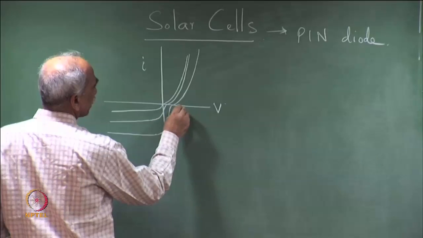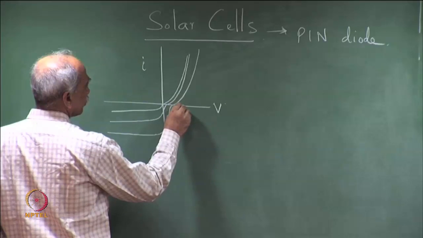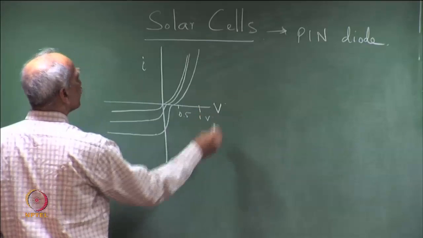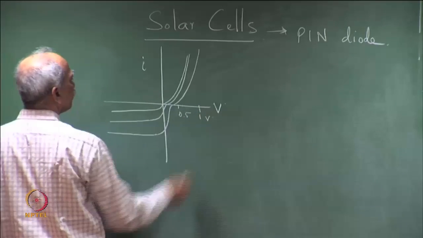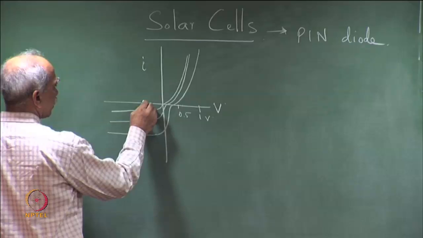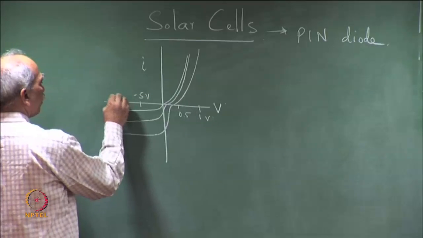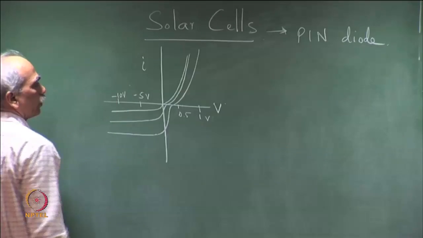For example, here the numbers are 0.5, 1.0 volt, and here we are talking of minus 5, minus 10 volt.